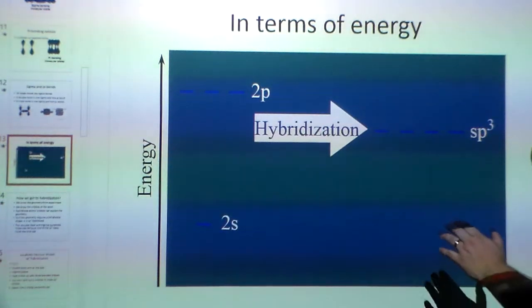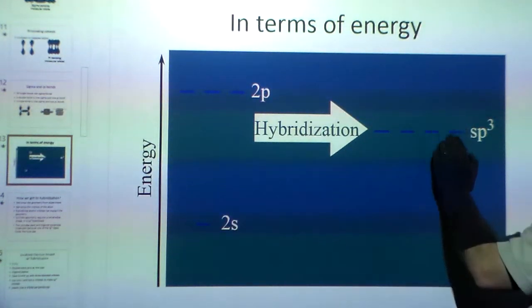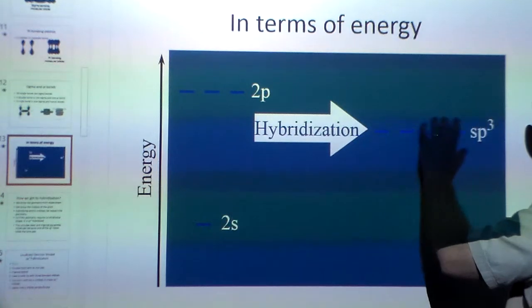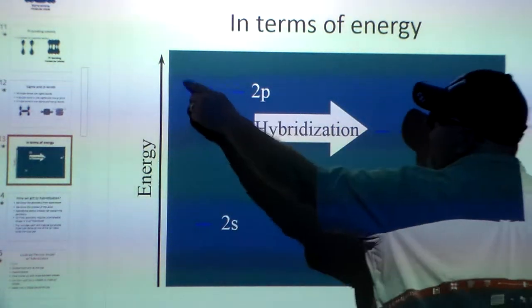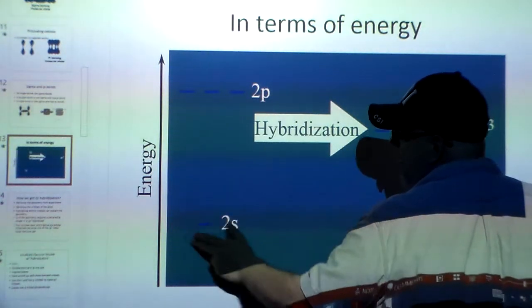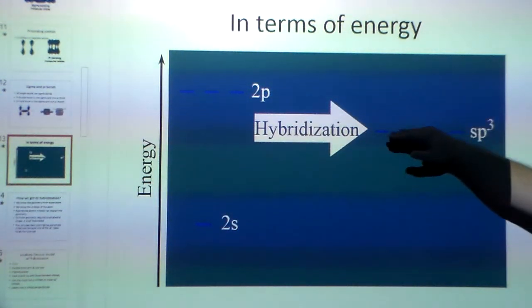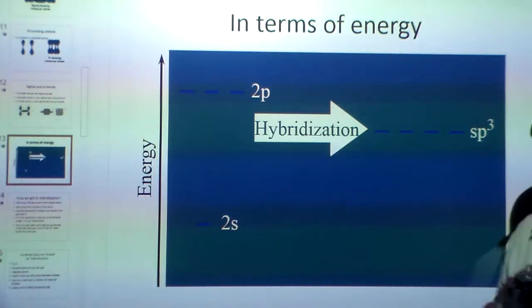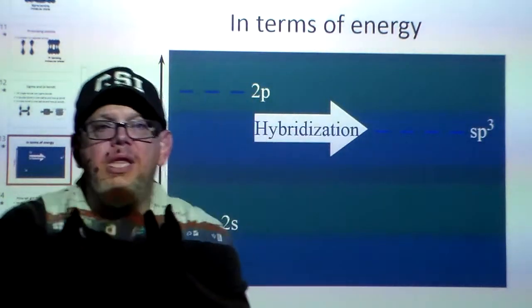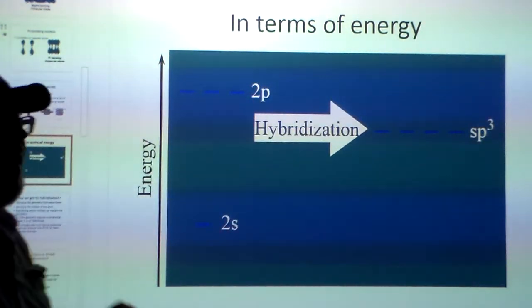What does that mean? Well, the energy level of the hybridization is less than the 2p energy, but more than the 2s. If it's at a lower energy for the hybridization, that means more stability for the atom.